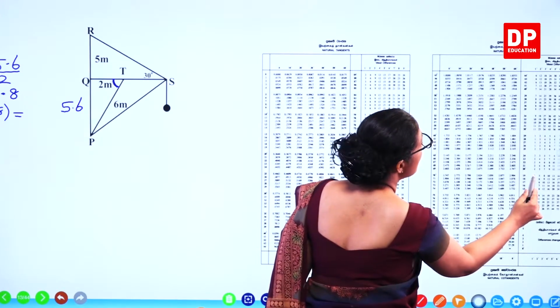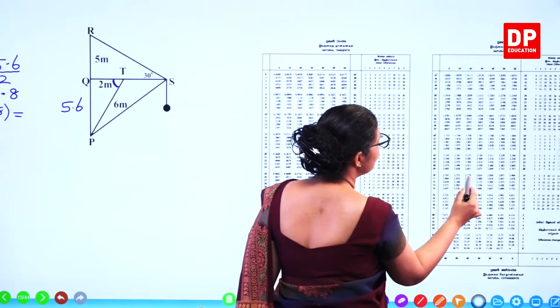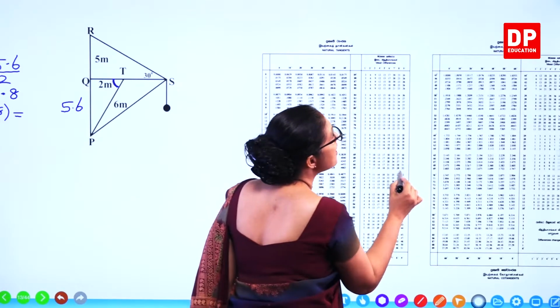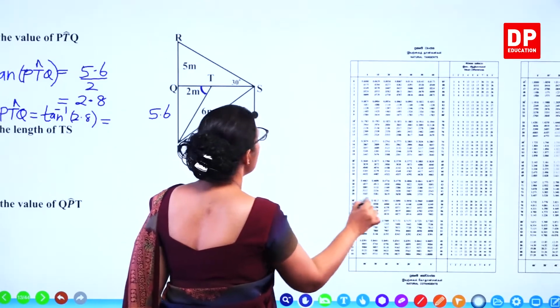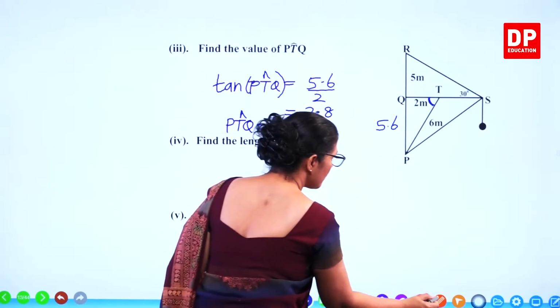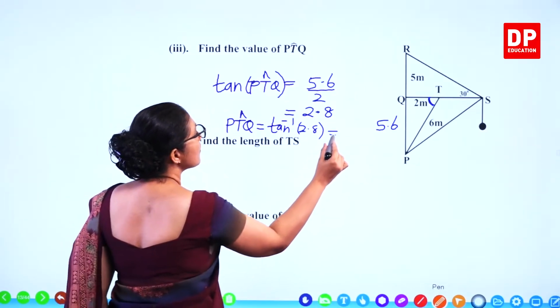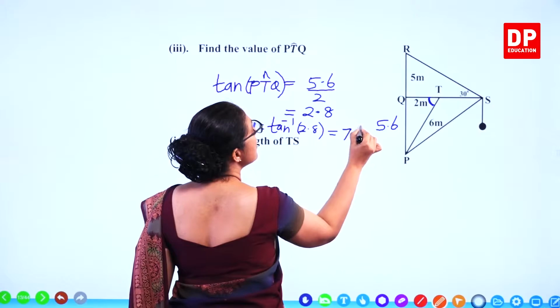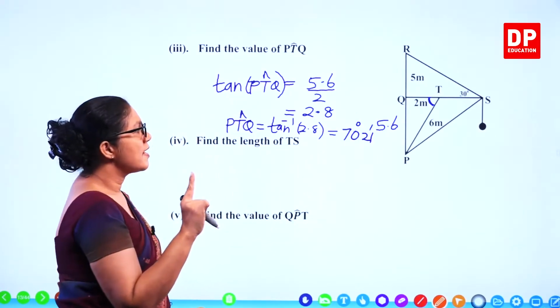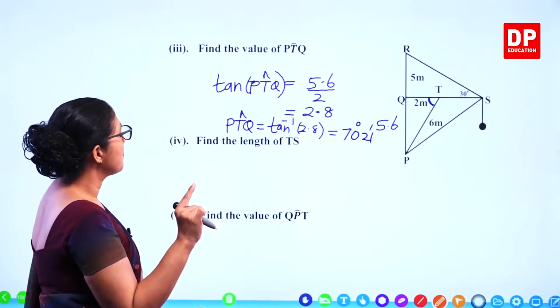That means we can add 1. 70, 21. That means 70 degrees and 21 minutes.